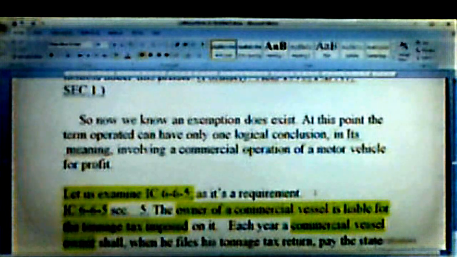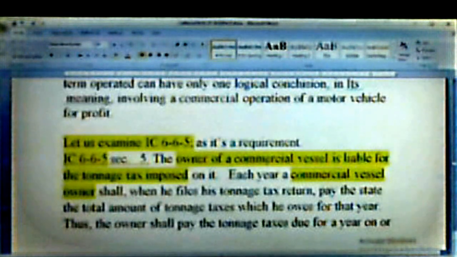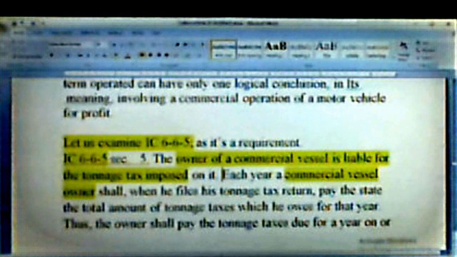So we've got to examine IC 665 to see what it is, because that's one of the requirements, remember? What's the first thing? The first sentence in IC 665 says, the owner of a commercial vessel is liable for the tonnage tax imposed on it. Right?